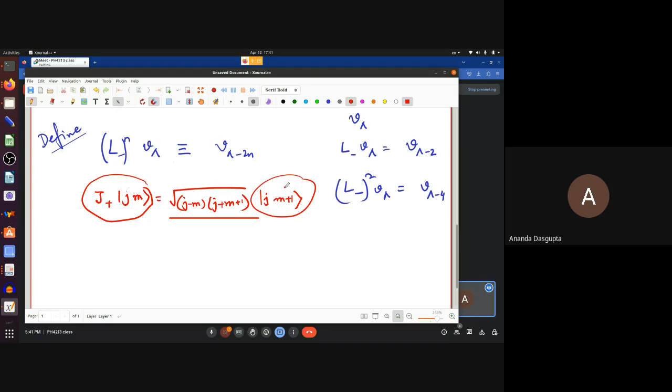Do you remember how you arrive at this factor? How do we get this factor? This is elementary theory.